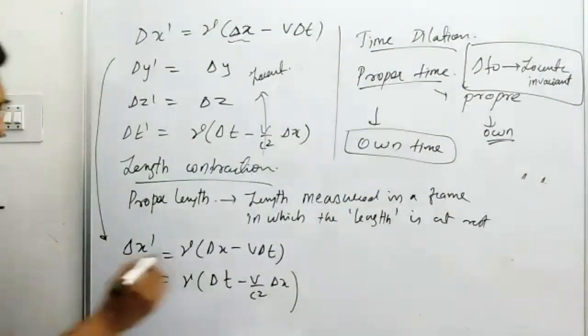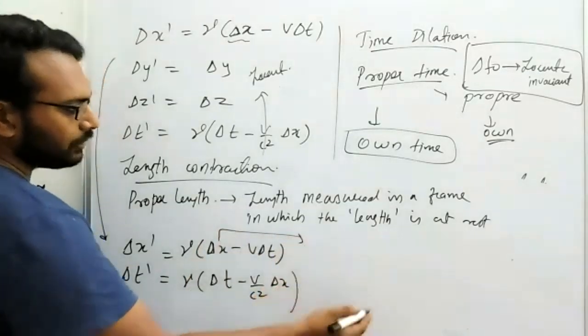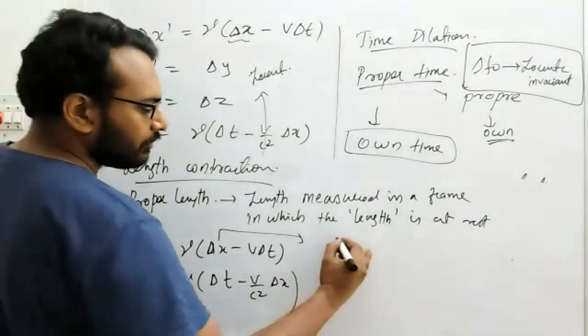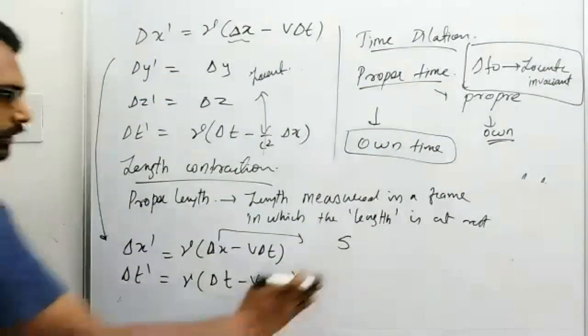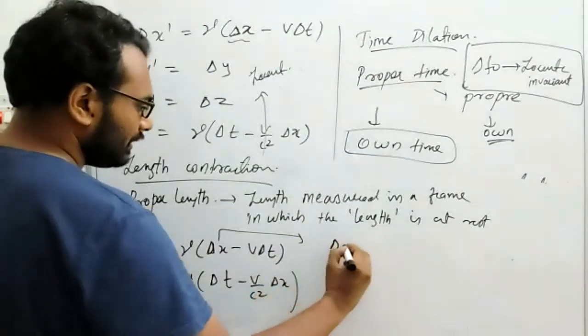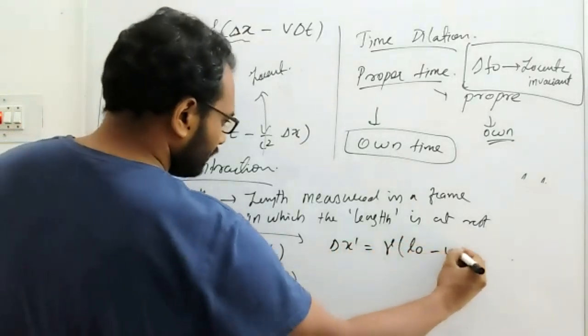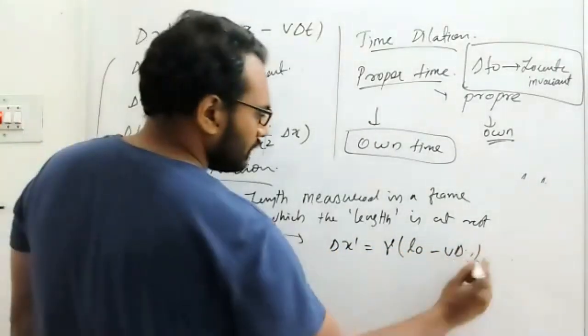If you look at this, let's say delta x is the length of an object as measured from frame S. So in this frame S, this object is at rest, so we can call delta x equal to L0. So you see that delta x prime is equal to gamma L0 minus v delta t. This is fine.